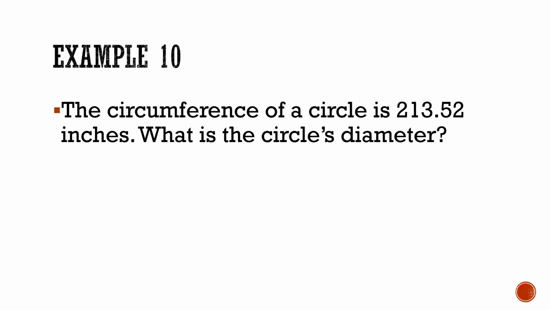Okay, this is our last question, so go ahead and pause your video and try example 10. Same type of question here. It's telling us that the circumference is 213.52. So I'm going to put that for C, 213.52.